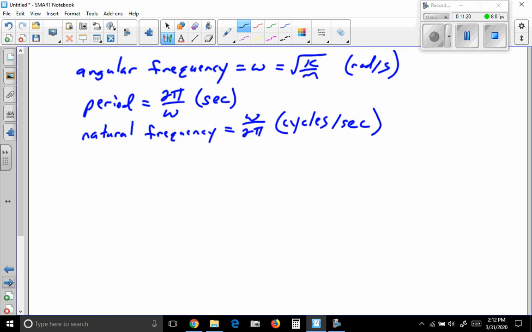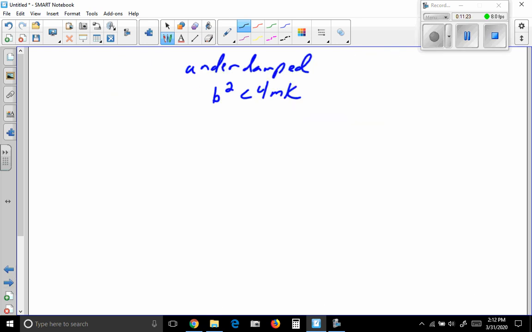But then if we have situations where we do have some damping in there, then we need to find out, depending on how strong that damping force is, are we underdamped, overdamped, or critically damped, and what does that even mean? So let's go back to our generic: m y double prime plus b y prime plus k y equals our external force, which we're doing as homogeneous, so no external force for right now.